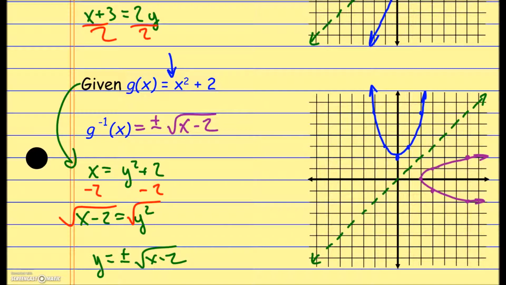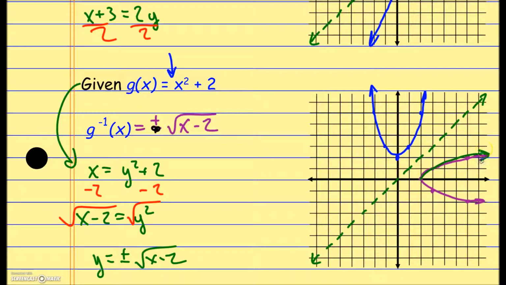And then when we look at the plus or minus on this, this is where it becomes really interesting. If I were to scribble out that plus sign and just have the minus, what would happen is I would only have the negative half of this parabola. I would only have this piece down here. And if I were to do the opposite, if I were to scribble out the negative sign and only have the positive version of this square root, that means I would only have the top half of this parabola.